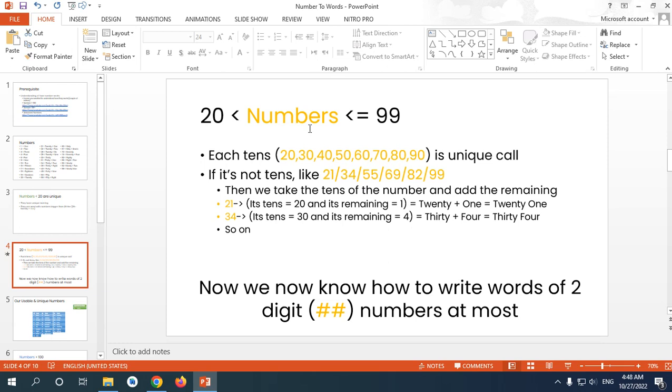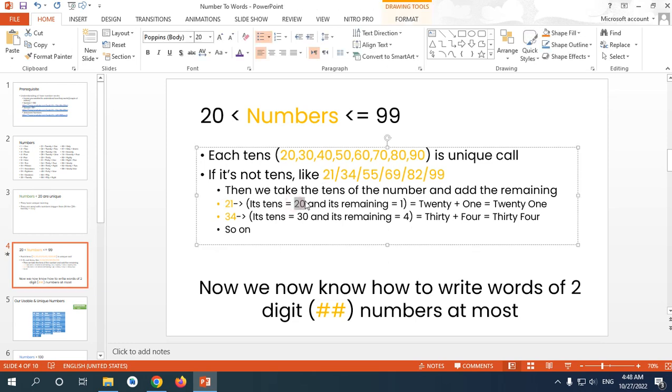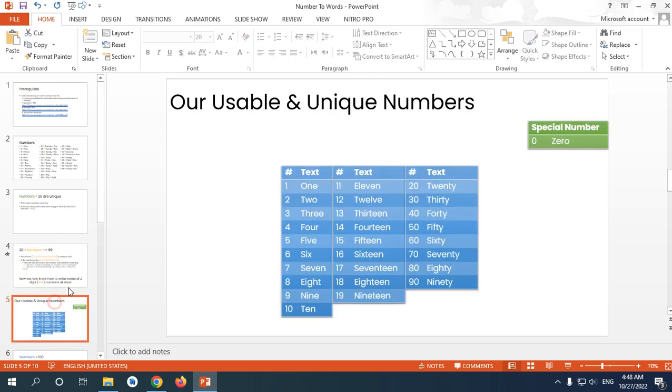But if it's not a ten, like 21, 34, 55, it contains, like 21 here, it contains 20, which is the tens of 21, and its remaining. So it's 21, and 34, its tens is 30, and the remaining of 34 is 4, so it's 30 plus 4, it's 34, and that's it for the numbers between 20 and 99.